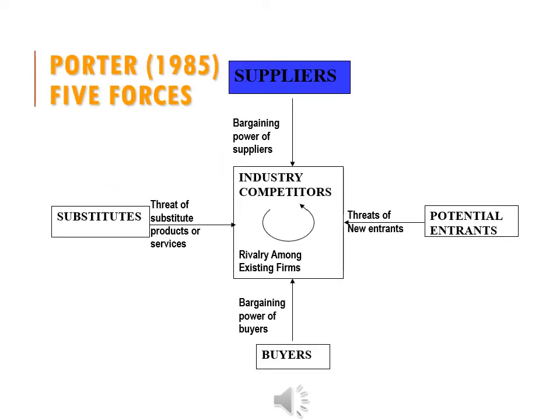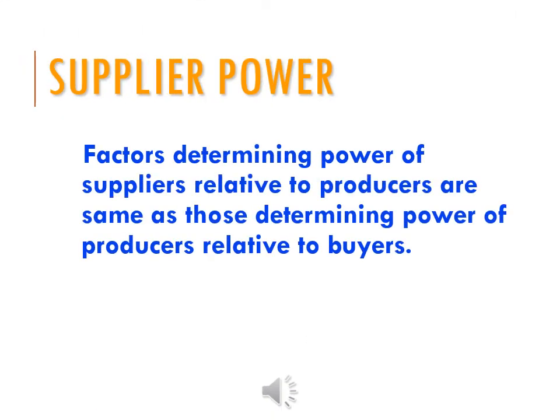The power of suppliers is exactly the opposite. In supplier power, the factors that determine the power of suppliers relative to producers are the same as those determining the power of producers relative to buyers. So it is the same factors, but in the opposite manner, because the supplier treats your industry or your firm as the customer.